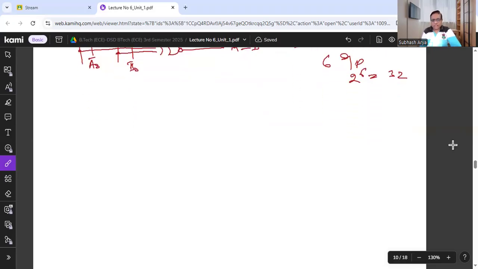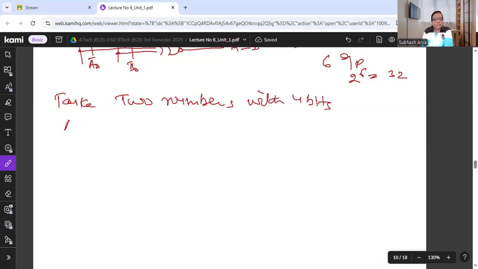For that, let us take two numbers with 4 bits. So A is equal to, I'm writing, A3, that is the most significant bit, then A2, A1, A0.